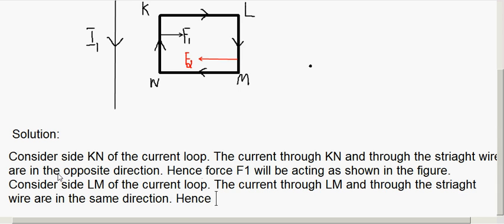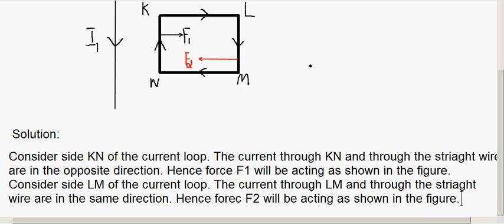Hence force F2 will be acting as shown in the figure. Because if currents are in the same direction, the force is attractive in nature, or the force will be acting towards the conductor.